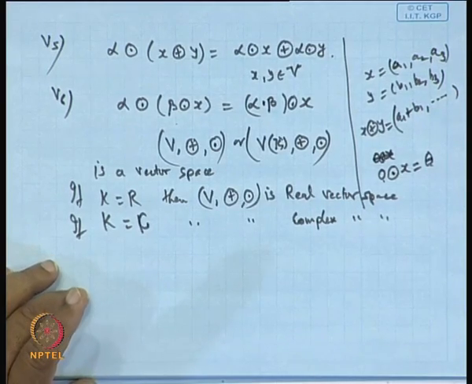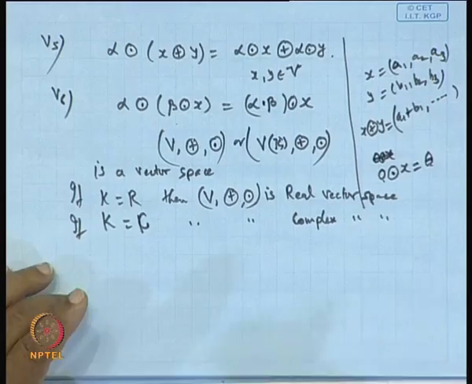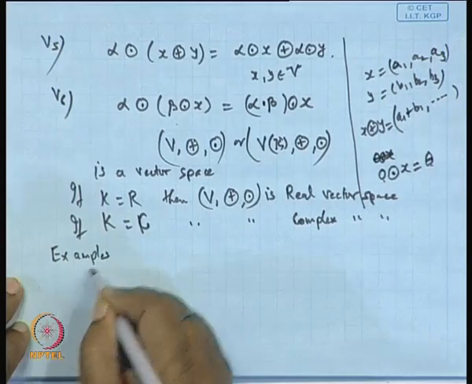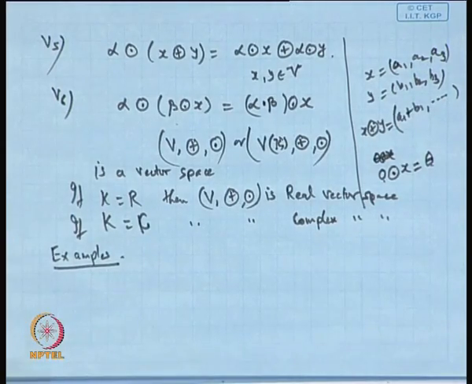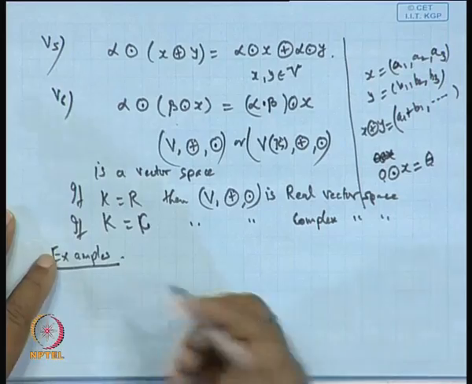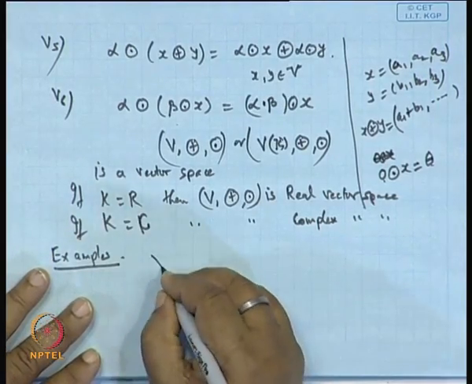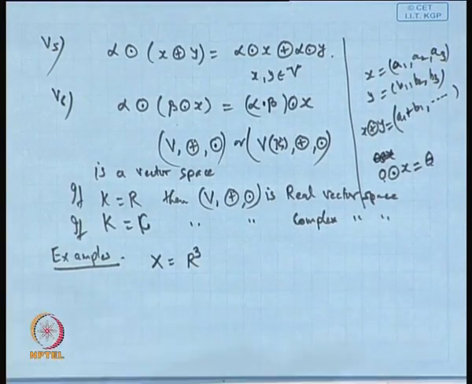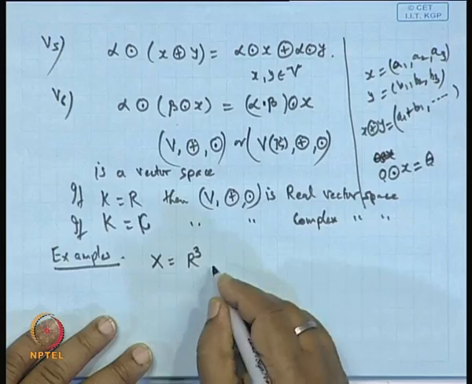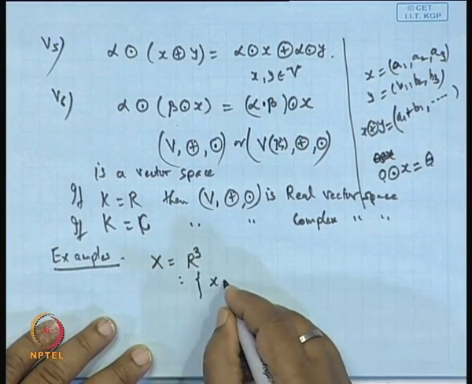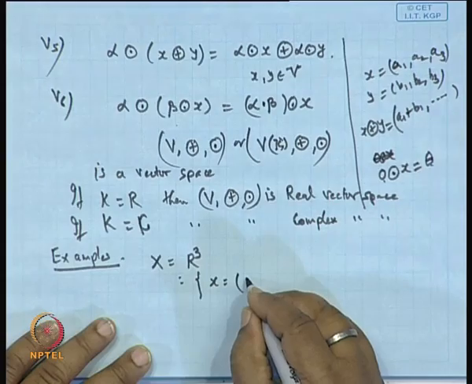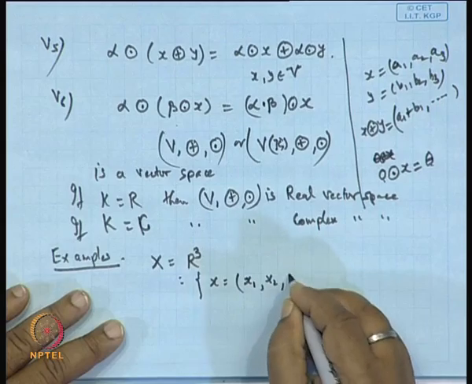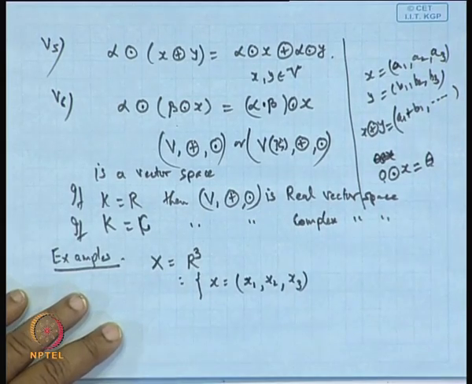Now, there are many examples of vector spaces. The most simple and useful example is our X, which is R 3. R 3 means the set of all vectors whose elements are x 1, x 2, x 3.